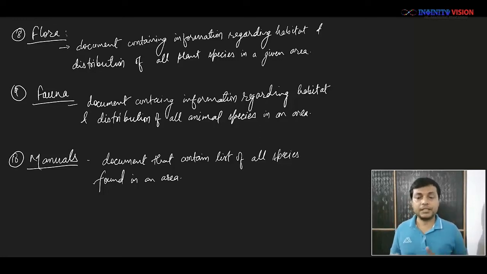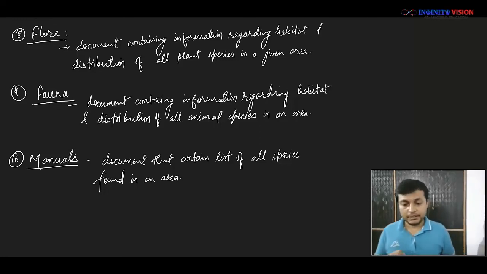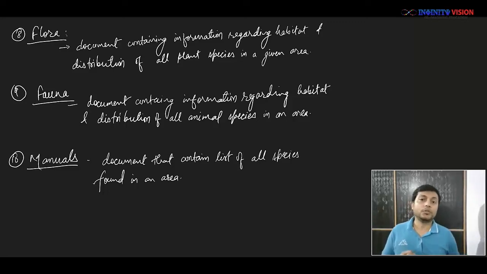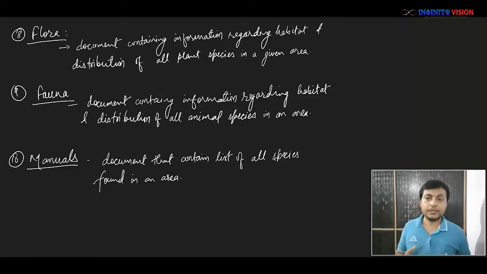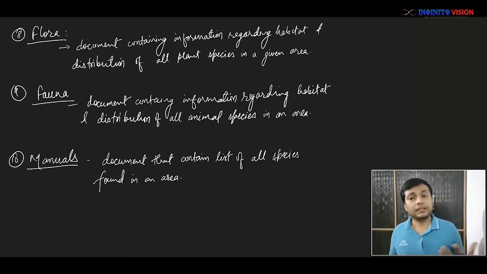So we have seen about the characters of living. We saw what are the general features and what are the characteristic features of living. Then we started talking about the biodiversity. Then we talked about taxonomy, why there is a need of taxonomy.